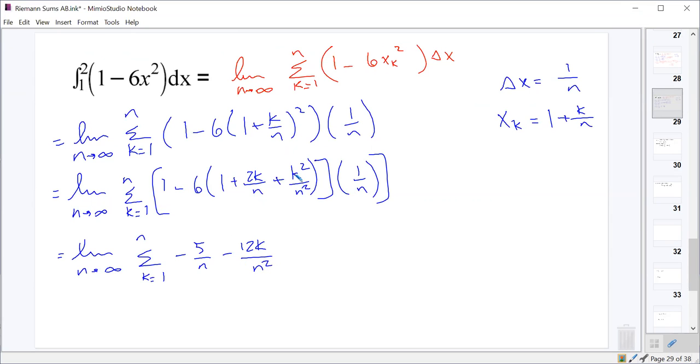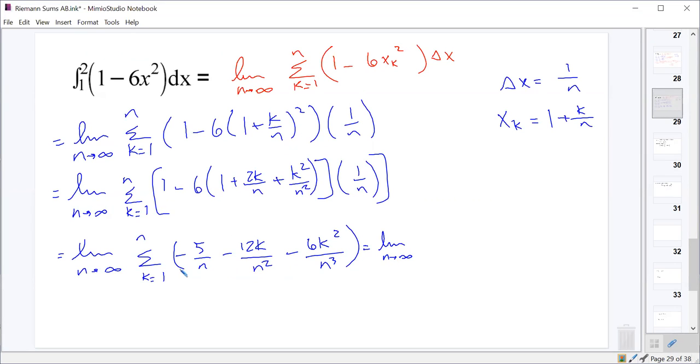And then we have a negative 6k squared over n squared times n, over n cubed. Everybody good with that? Yeah.